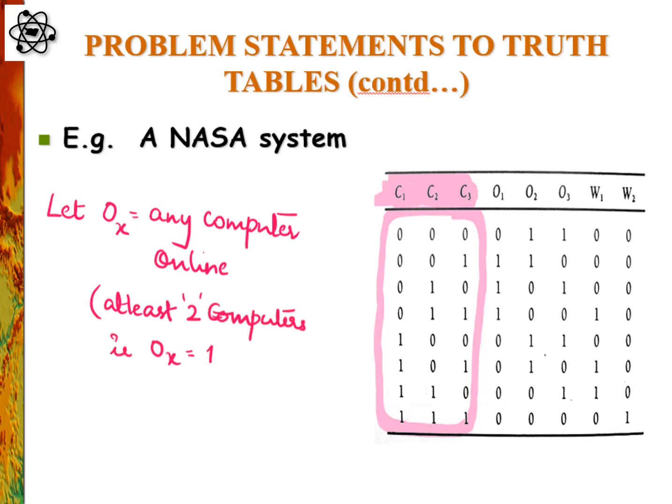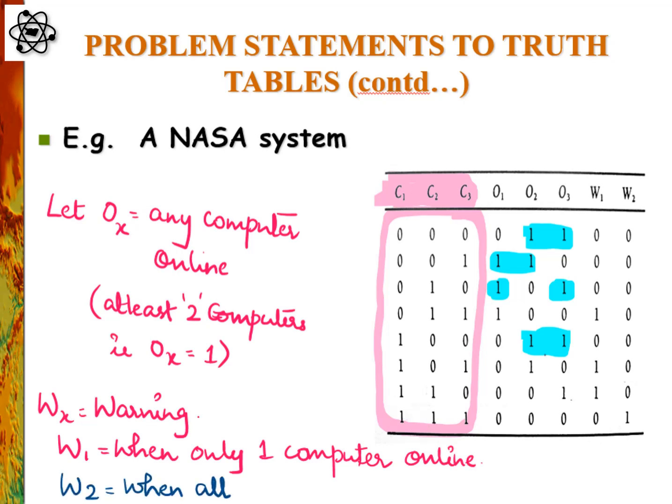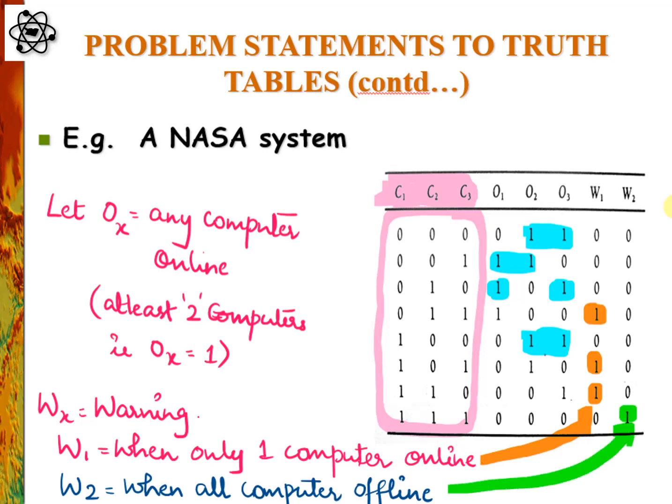That means according to our condition, at least 2 computers are supposed to be online, and this is represented as binary 1, indicated in blue color. WX is the warning, that is the output. W1 is the warning when one of the computers is online, and W2 is a warning when all the computers are offline. So W1 is represented by orange and W2 is represented by green.